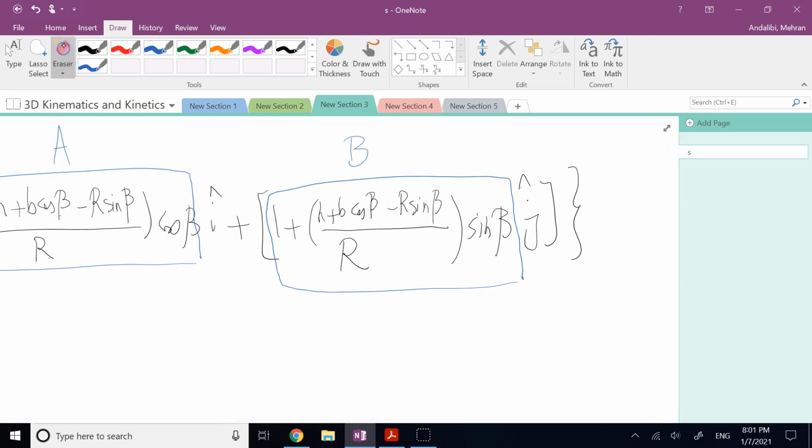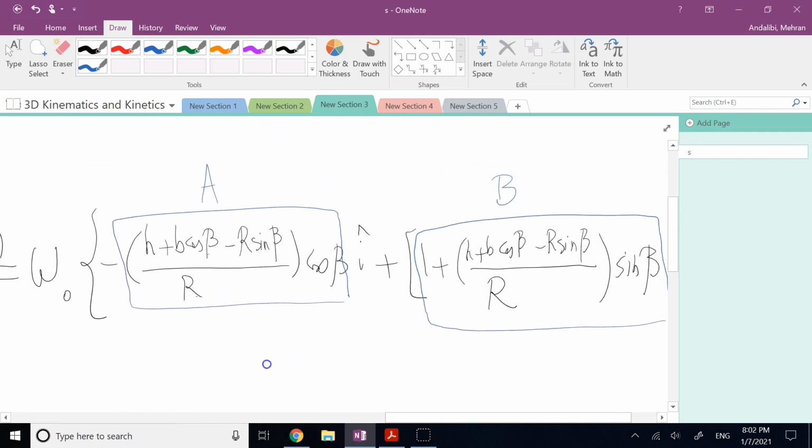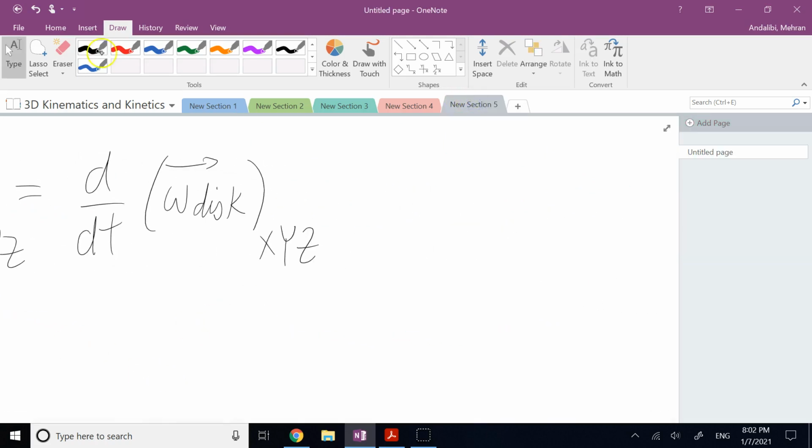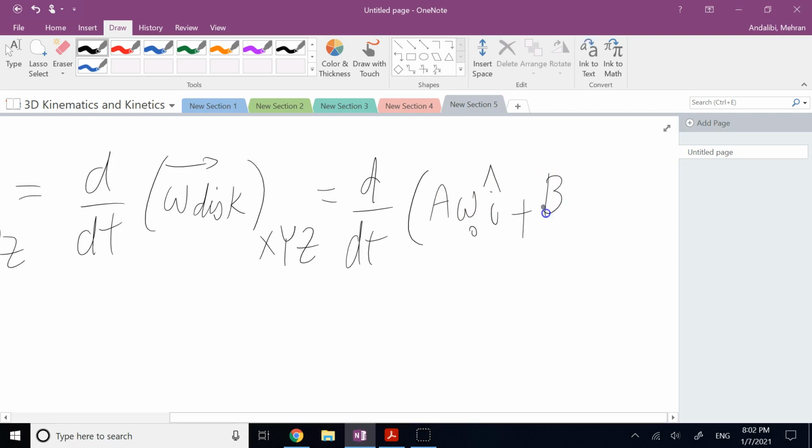By the way, this j has to come out of the brackets. So I can simply call it omega naught times A i plus B j.